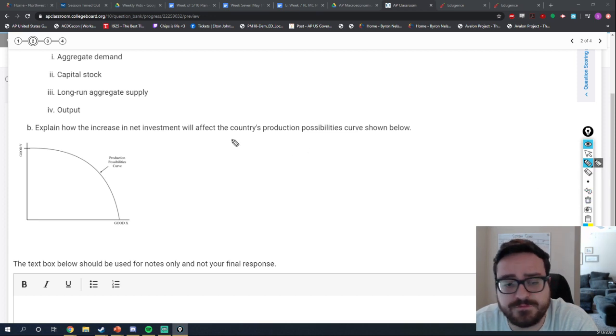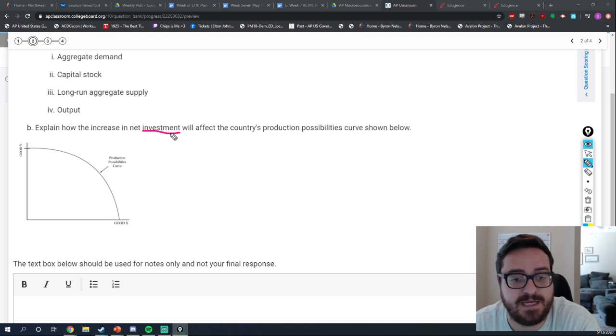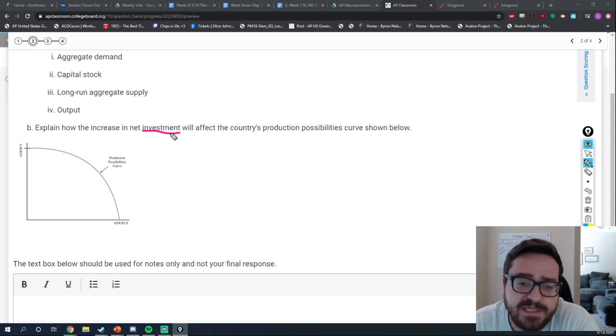Now with this graph, some things that will move you outward are increases in your overall ability to produce these two goods. That could be overall ability to produce everything, like if there's an increase in investment spending, which again is spending by businesses on capital.